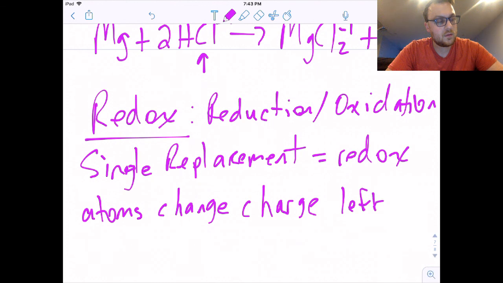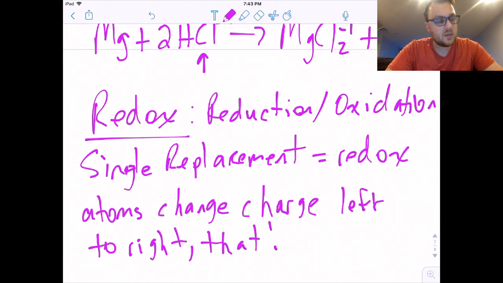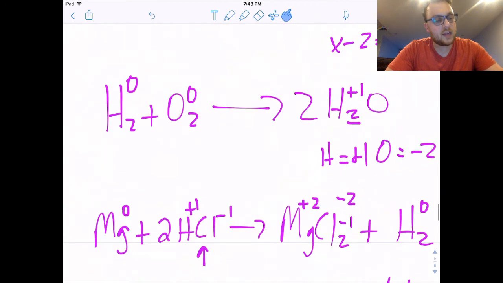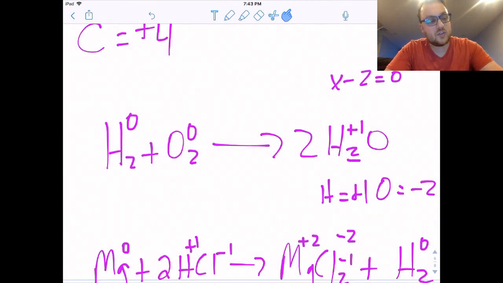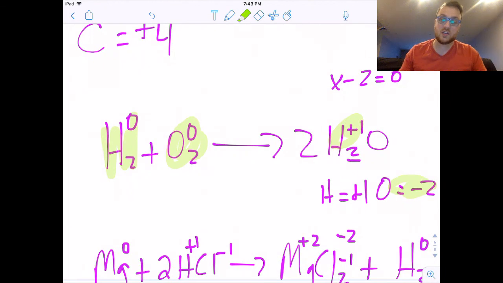that's redox. So the 2 reactions I just did are called redox reactions because the hydrogen went from 0 to +1. The oxygens went from 0 to -2. Since the charge changed on both sides, we have a redox reaction. Same thing with this second one.